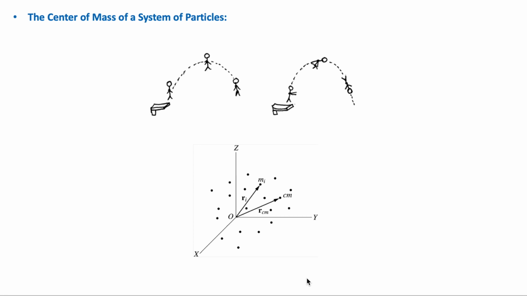As well as simplifying the analysis of motion, the concept of the center of mass is used to analyze many systems, such as a system of two colliding blocks, so two colliding particle-like objects, and also, for example, a system of two colliding subatomic particles, such as a neutron and a nucleus.